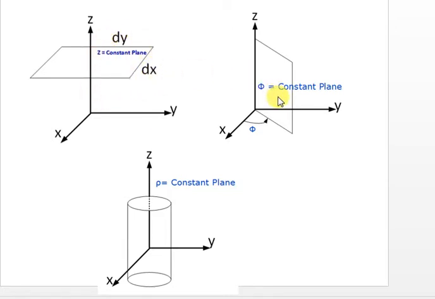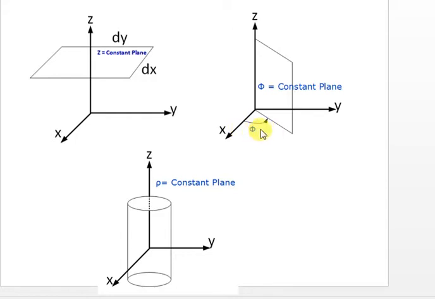Similarly, this is the second plane, that is, the phi constant plane. See here, this is a half plane perpendicular to the xy plane, and this plane is at an angle phi.